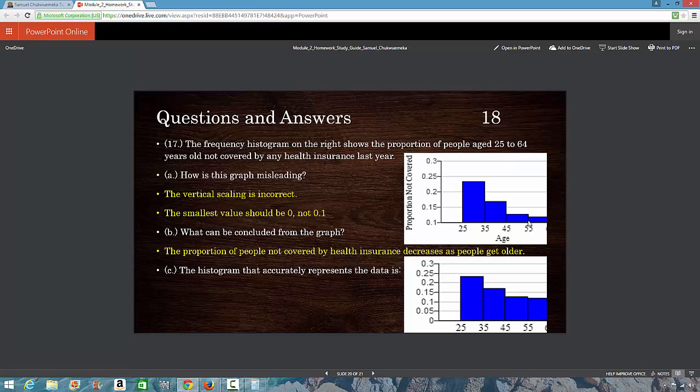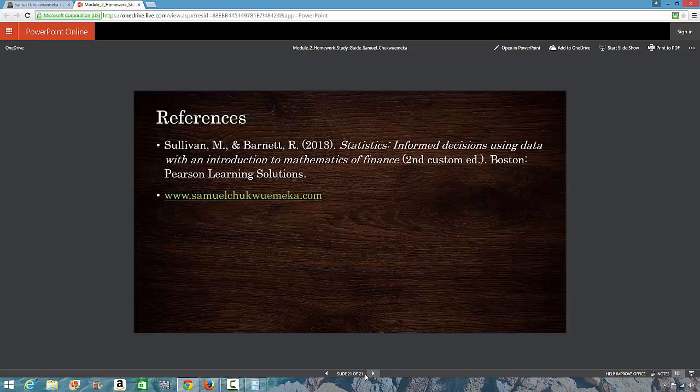But as people begin to age, the proportion not covered by insurance becomes smaller, because older people want to buy health insurance. So that is the interpretation: as age increases, the proportion of people not covered by health insurance decreases. And these are the references.